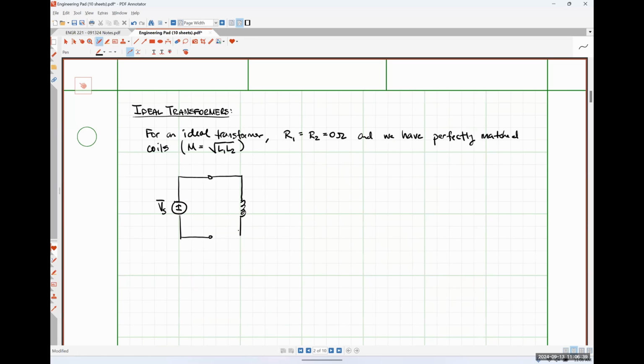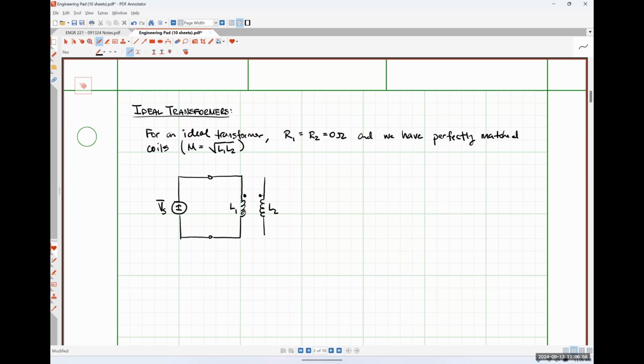And we've got our coil L1. I'm going to put a dot on the top, where we've got our secondary coil, L2. I'm also going to put a dot on the top.